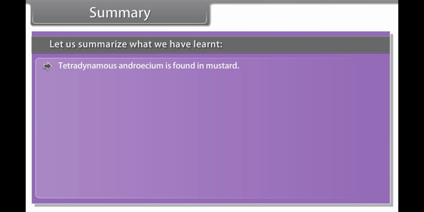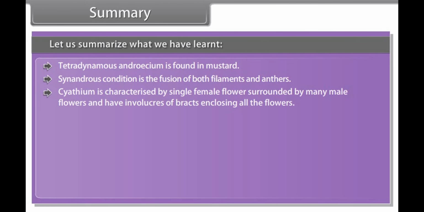Tetradynamous androecium is found in mustard. Synandrous condition is the fusion of both filaments and anthers. Cyathium is characterized by a single female flower surrounded by many male flowers and has an involucre of bracts enclosing all flowers.